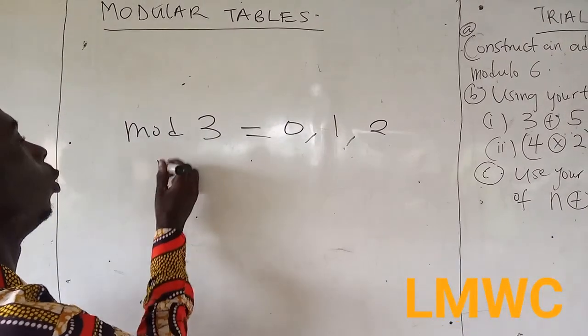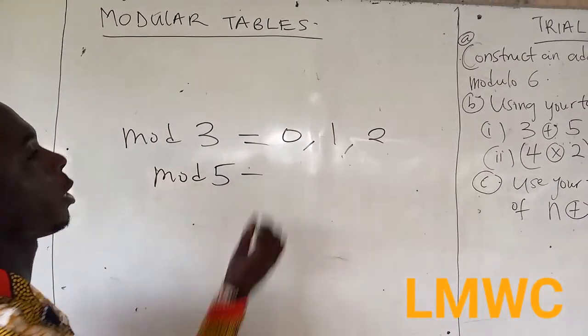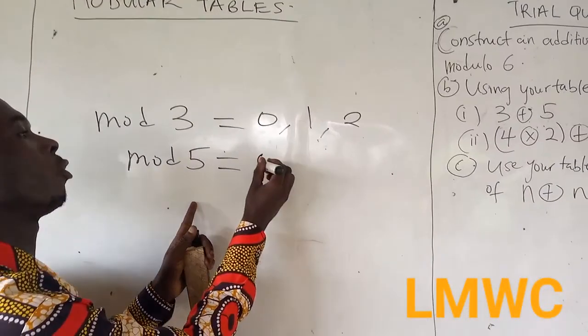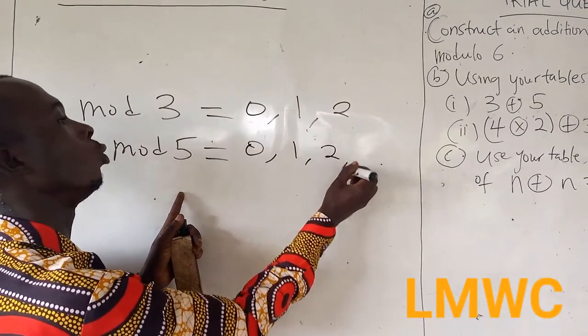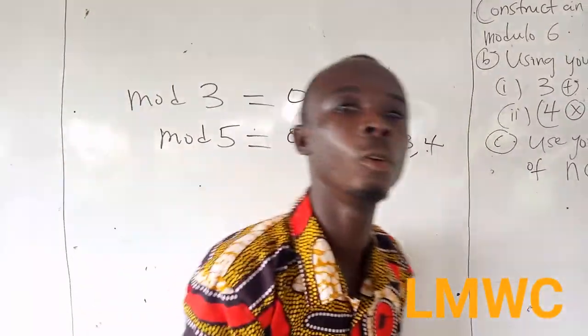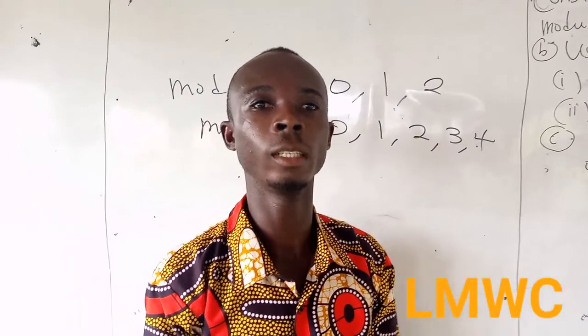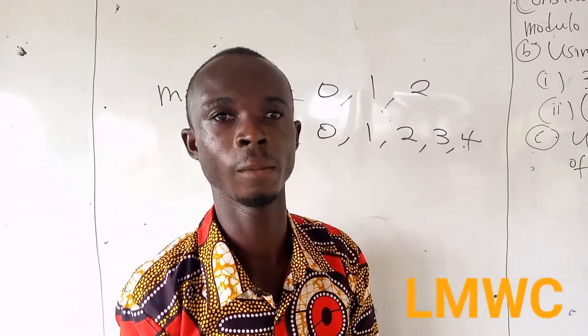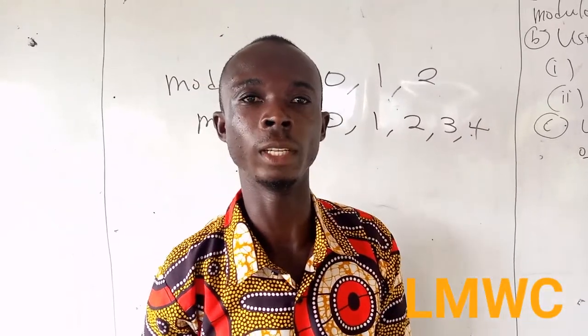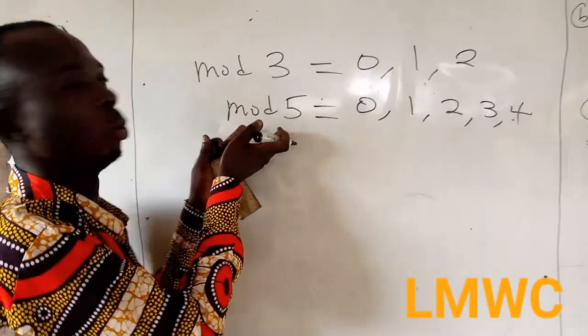Exempted. Mode 5: if you are asked to construct a modulo table for mode 5, you start from 0, 1, 2, 3, 4. For mode 7 it is 0, 1, 2, 3, 4, 5, 6. So either they give you the set of numbers or they give you the mode.